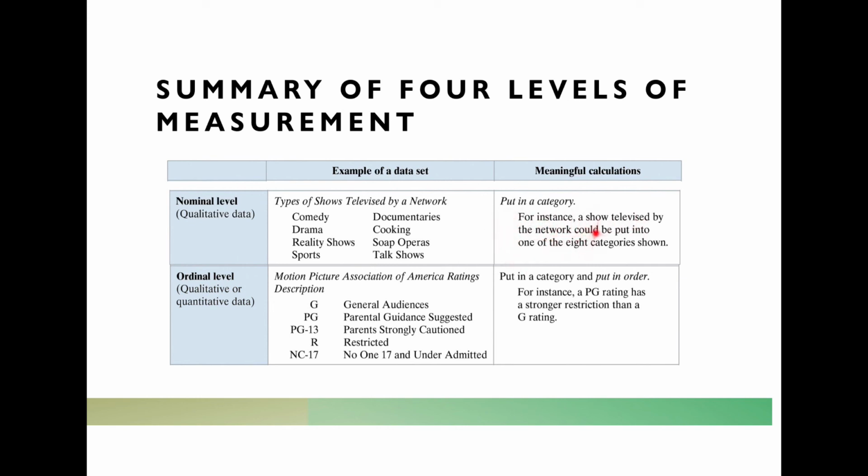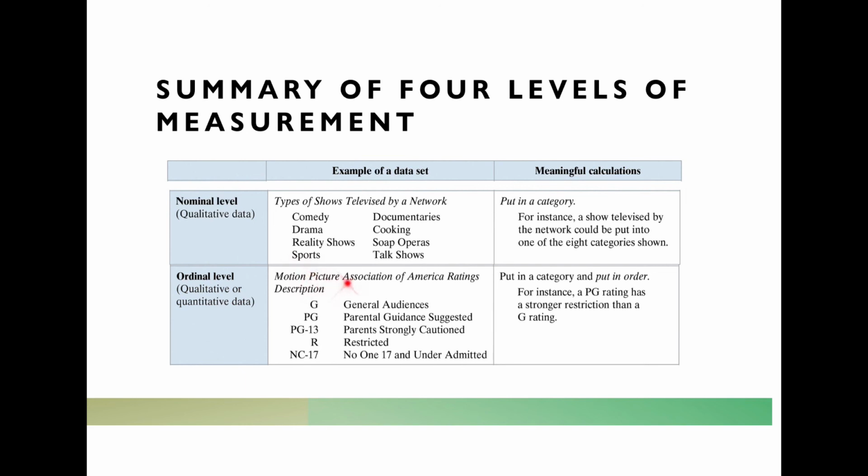A show televised by the network could be put into one of these 8 groups, and maybe there's more. But regardless, that's the only real kind of calculation we can do: group them together, get a count, get a percentage. So there are things we can do with them, it's just limited.